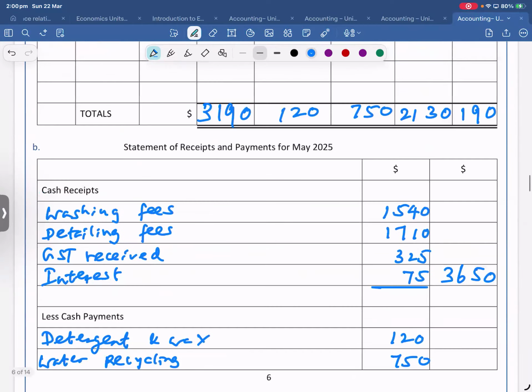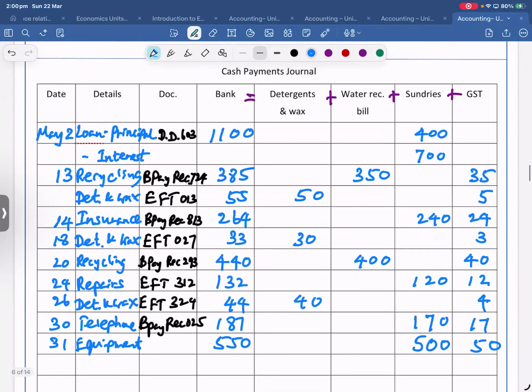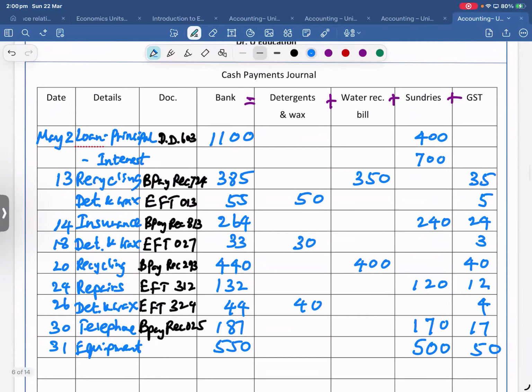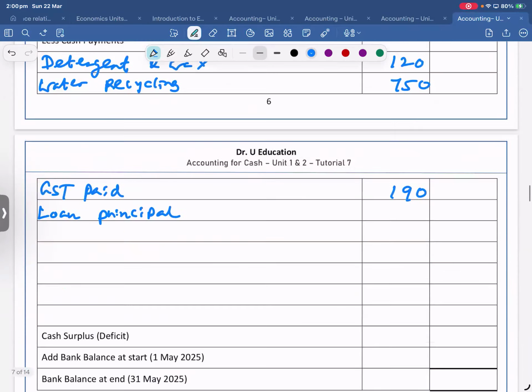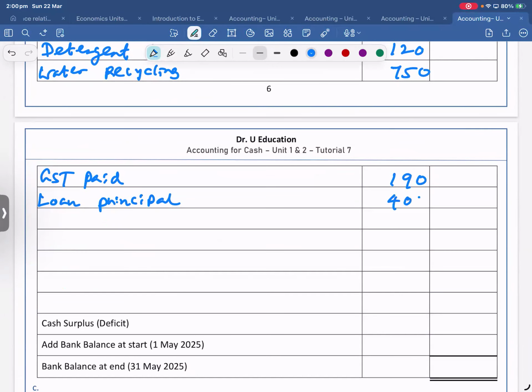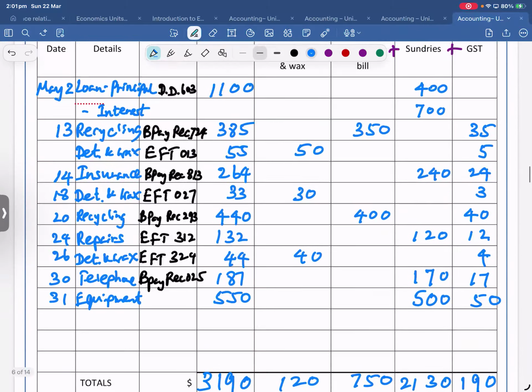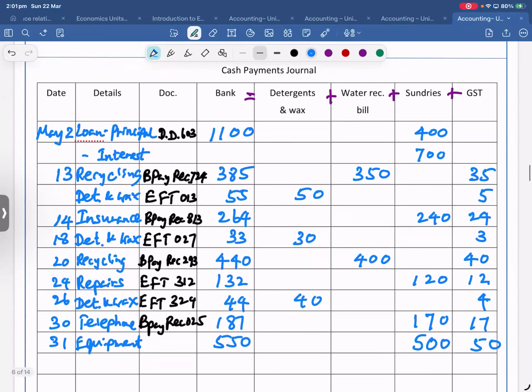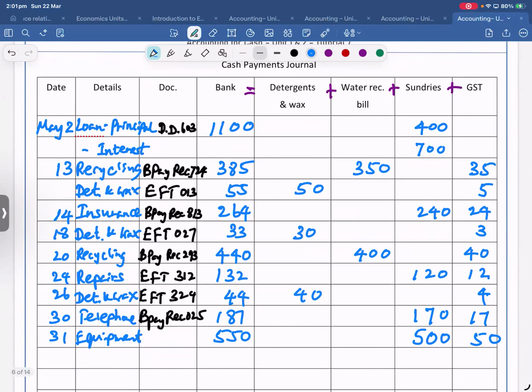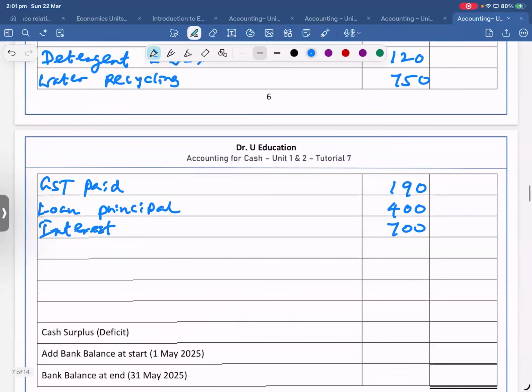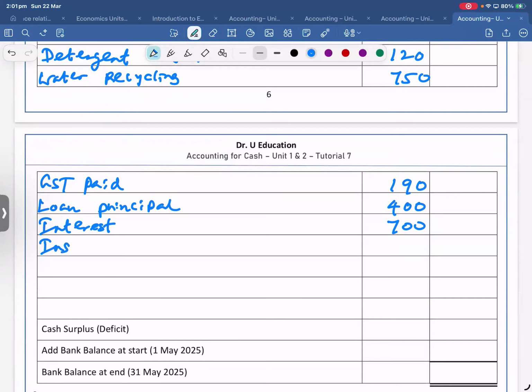Now sundries, what do we do? We don't put the total of sundries, we itemize it. Loan principal 400. Then interest 700. Right. Then insurance 240, repairs 120.